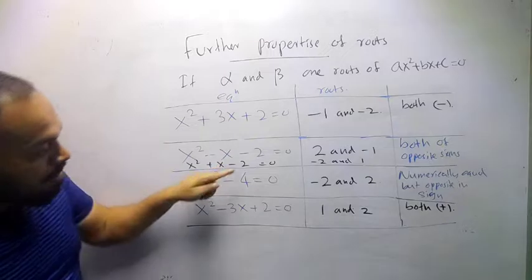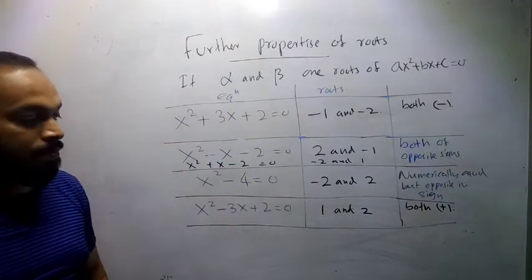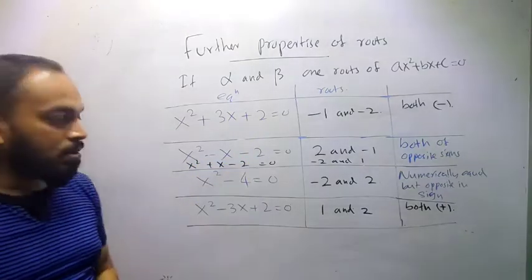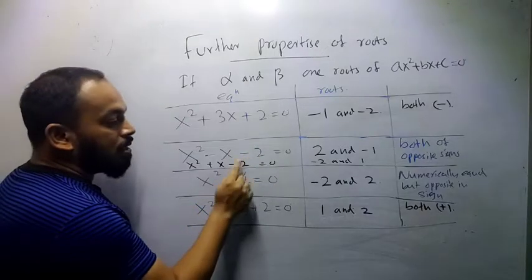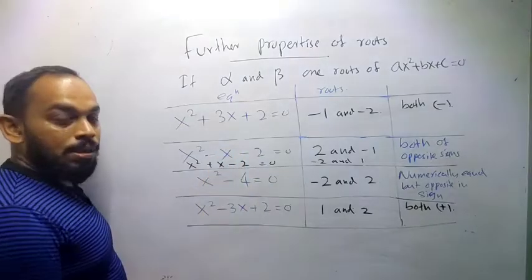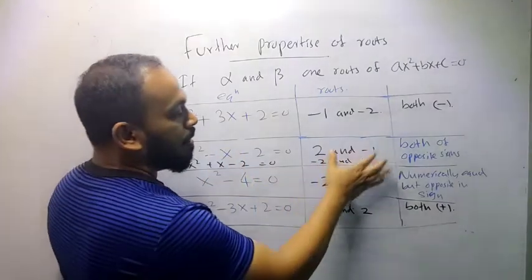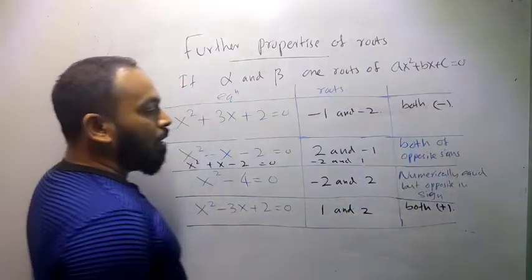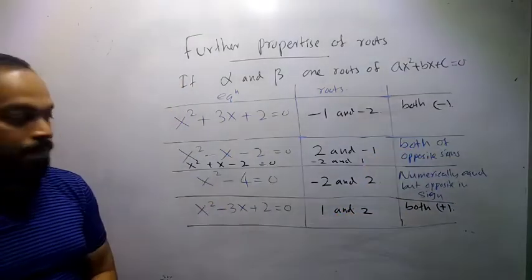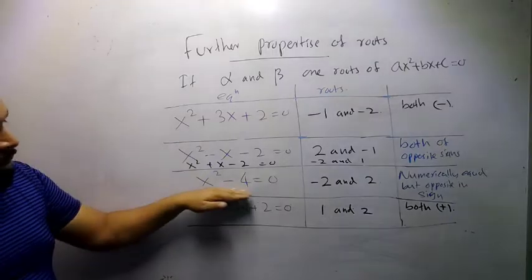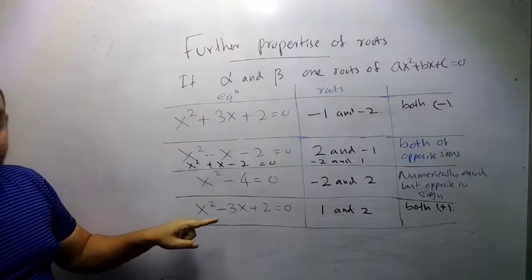It doesn't matter what the sign here is. All that matters is the sign of this constant. If the constant is negative, then your roots would be of opposite signs. If you look at this quadratic equation, still we have that.